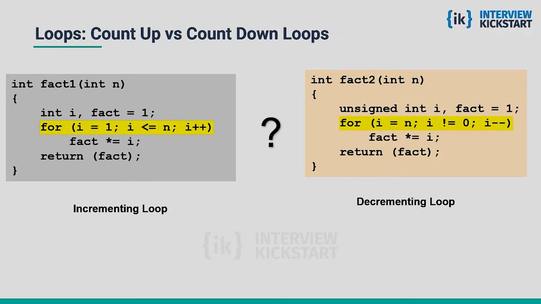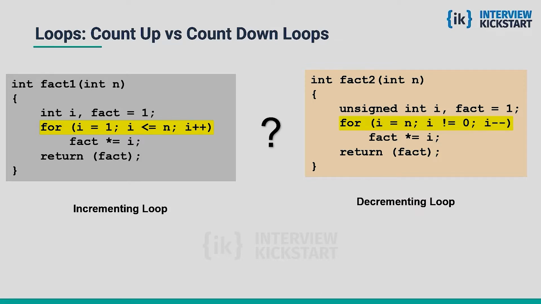Usually, decrementing loops, that is the one on the right side, happen to generate better code. Why? This is because in the assembly code there will be a branch back based on a comparison of the loop termination condition.